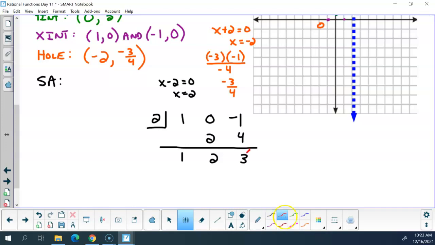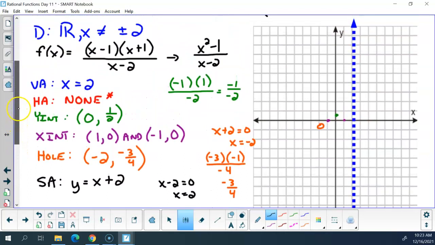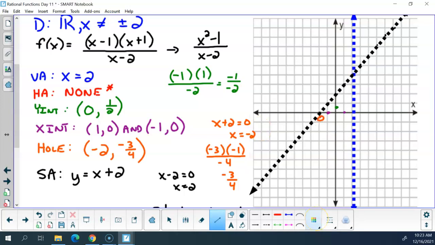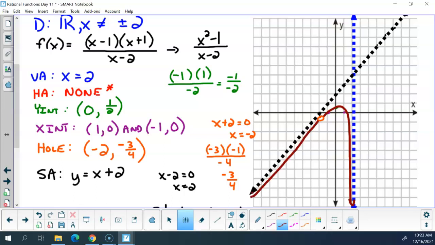Drop the remainder. Gives me y equals x plus 2. Good so far? Agree?